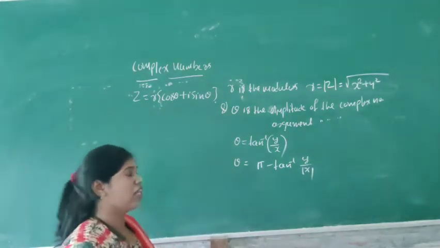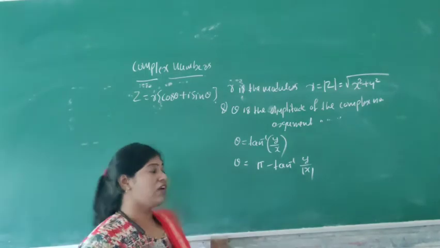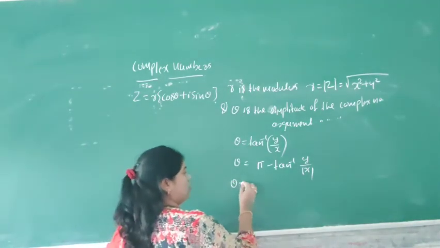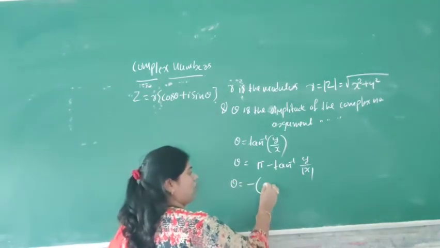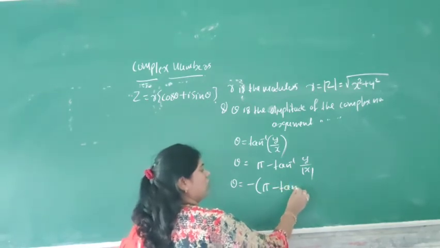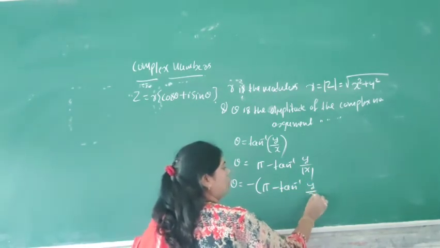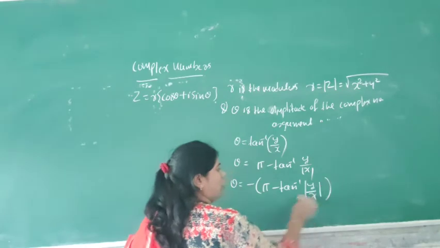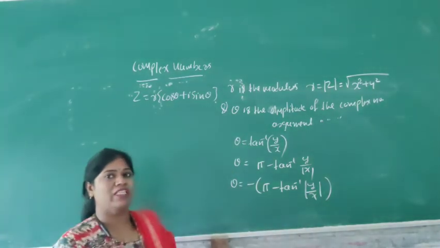If it is in the third quadrant, theta = minus of pi minus tan inverse of modulus of y divided by x. So we have to put the modulus for both y and x.